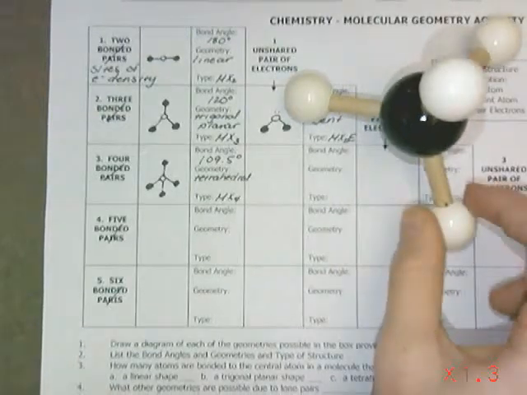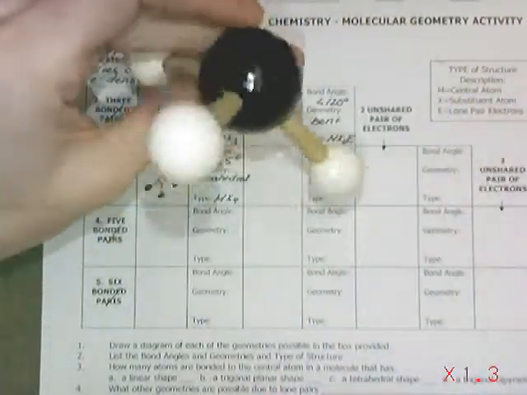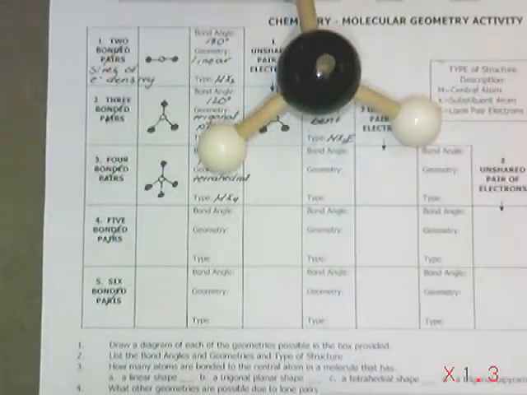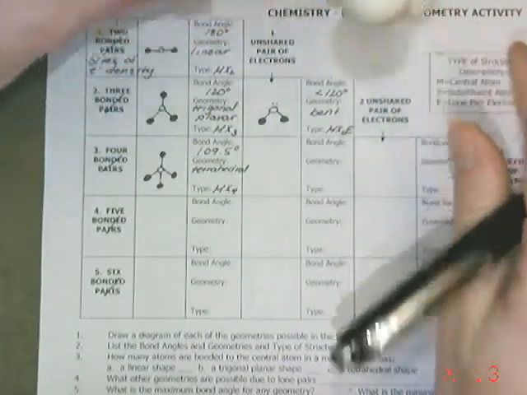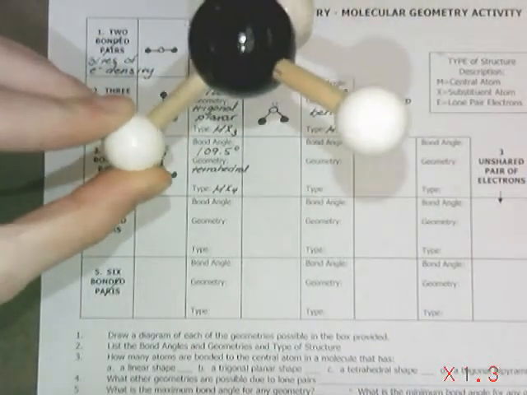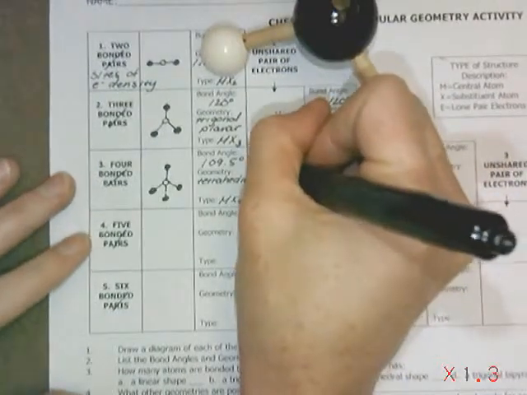Okay, now, if we remove one of these, we get our next structure, which is called trigonal pyramidal. So you can see this is still a 2D structure. And I'm going to try and draw a trigonal pyramidal here.